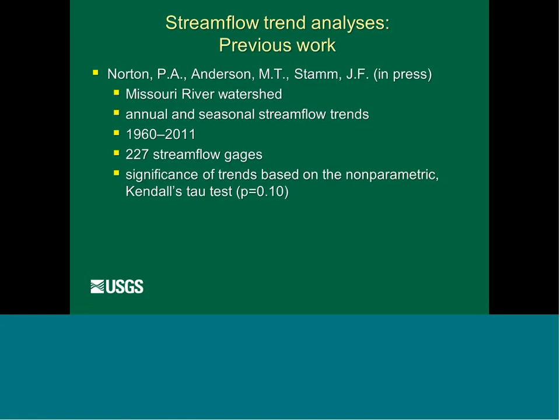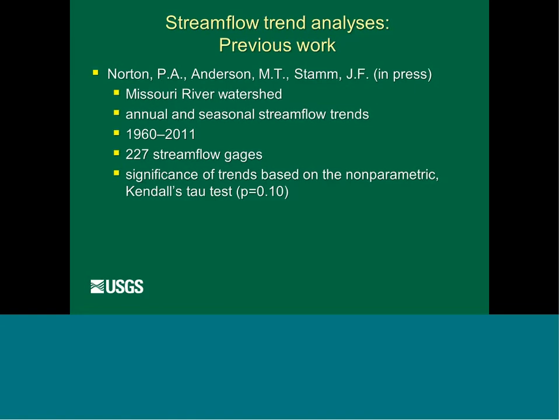We looked at 227 streamflow gauges that had complete records from 1960 to 2011, and looked at trends in those gauges, using the non-parametric Kendall tau test to evaluate statistical significance of trends.